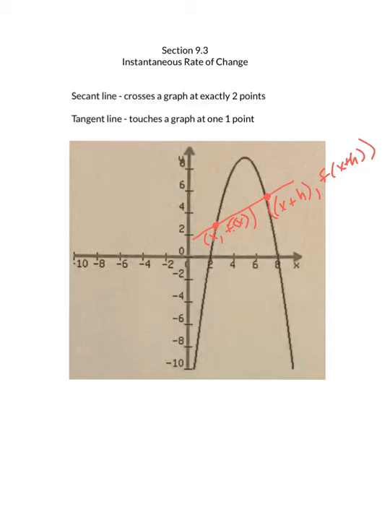So let's think about, what if I kept the same left-hand point but went up a little bit? What if I did it again? Kept the same left-hand point but went up a little bit. What's happening to the h? The h is your right-hand distance, your right moving distance.